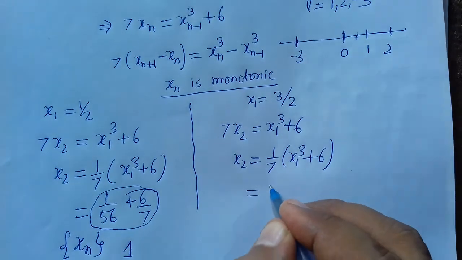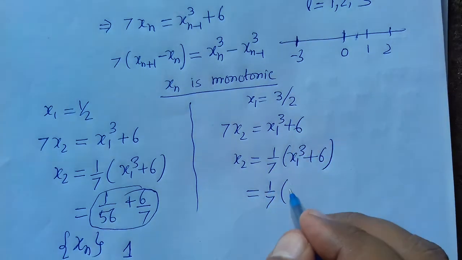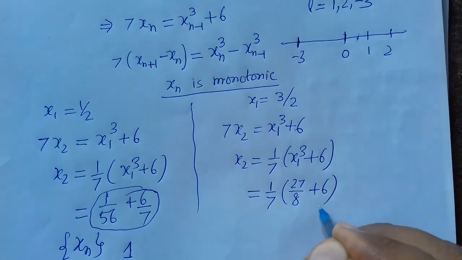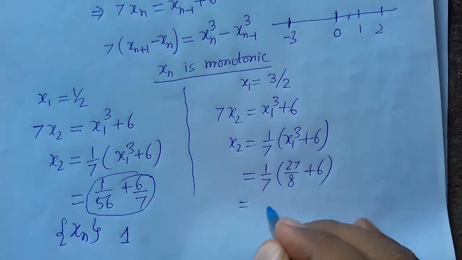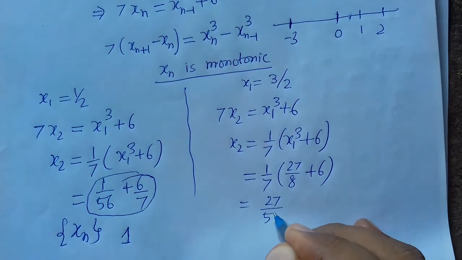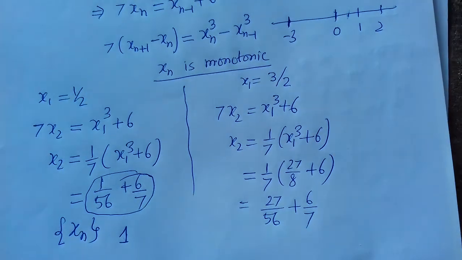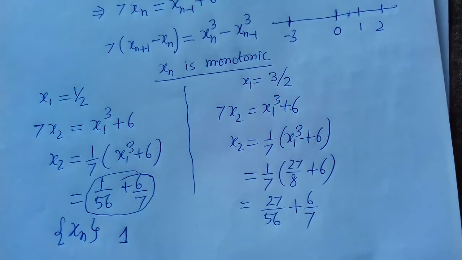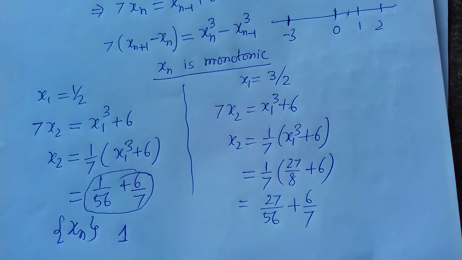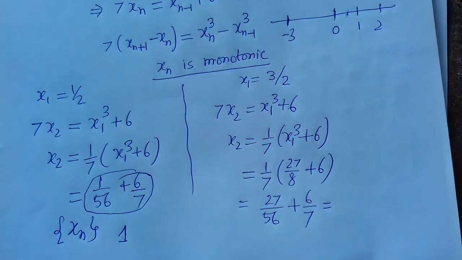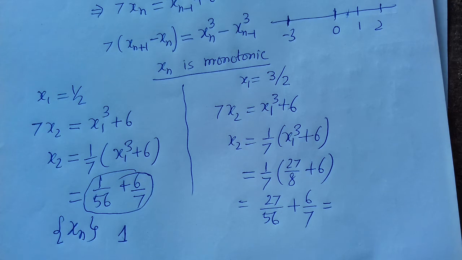This time putting 3 by 2, we have 27 by 8 plus 6, or 27 by 56 plus 6 by 7. Now we may find this in decimal. In the examination one can use the calculator.